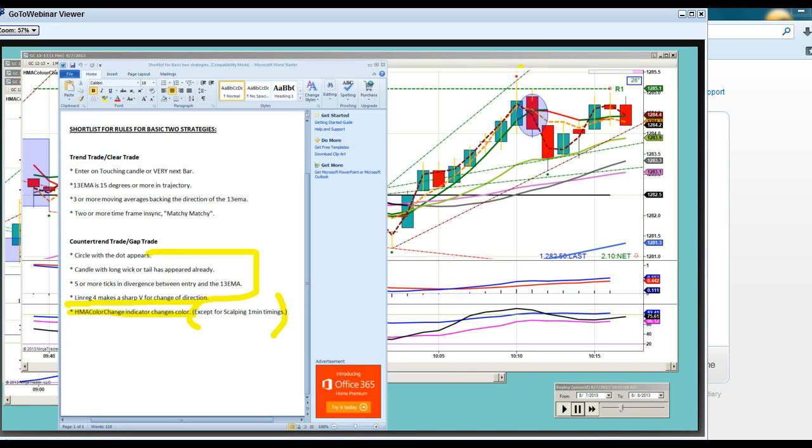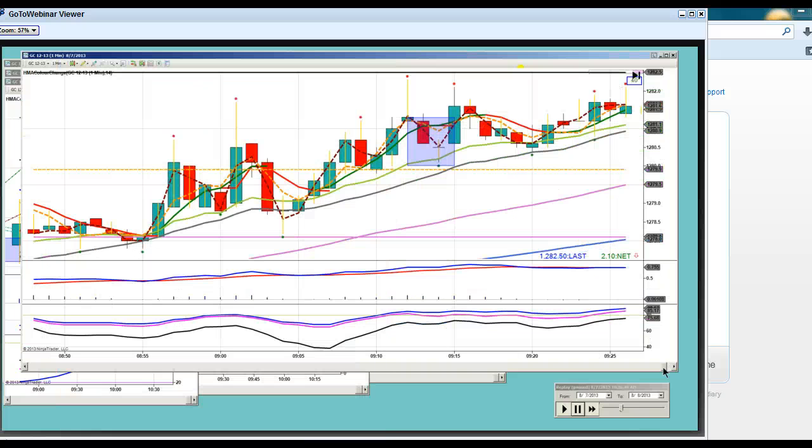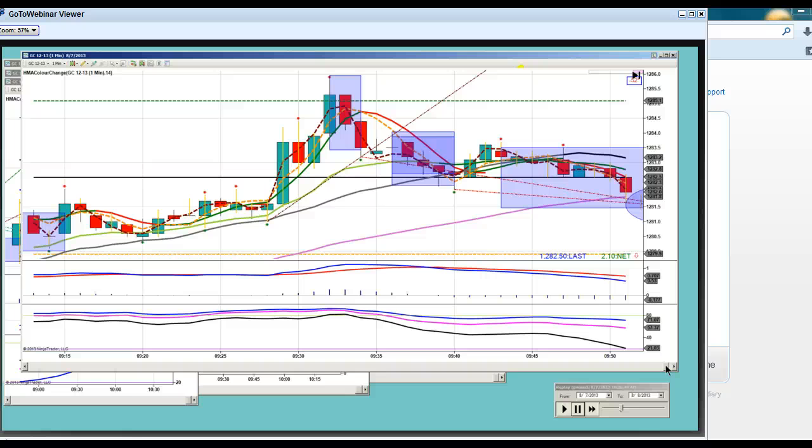The next timing, you wait for the HMA and you just grab the next candle. You're waiting for the HMA to change red. So obviously you would have to have a red candle. So then you would be grabbing this candle and stealing 3 ticks as it pushes through, based on, you know, it's going to push through the 13. You just grab as soon as you see the HMA change color.